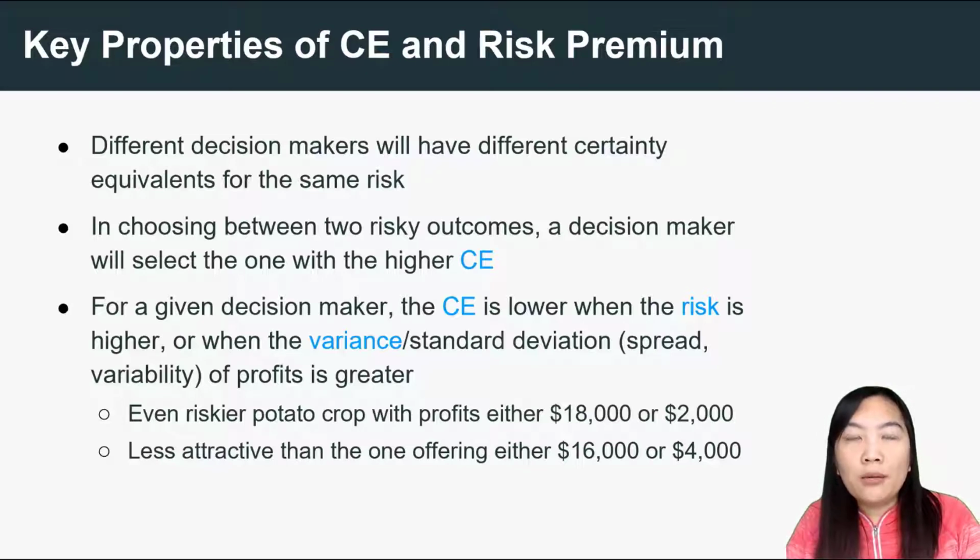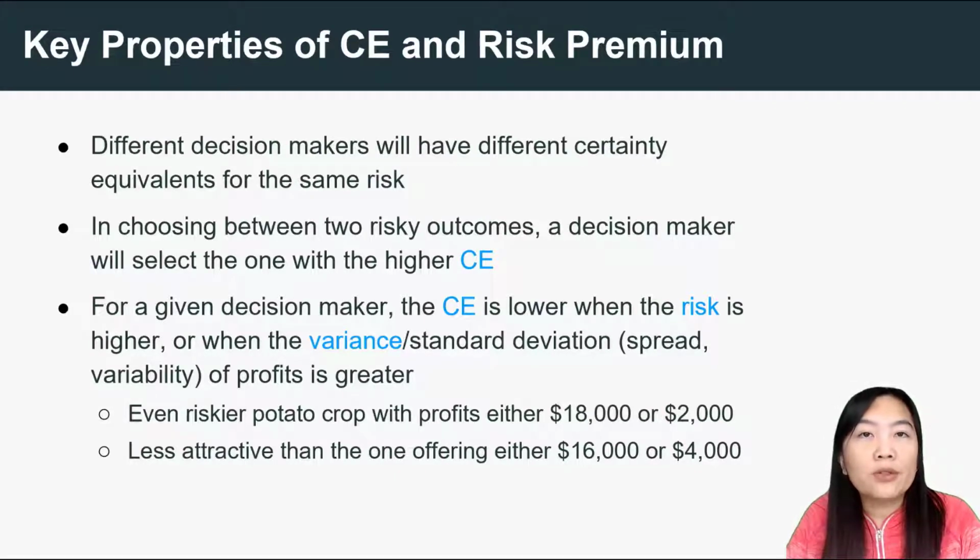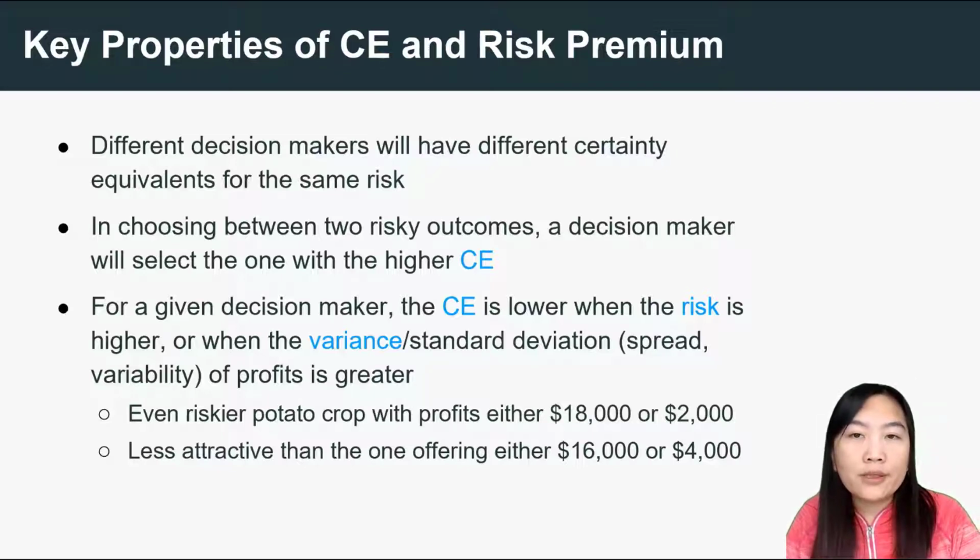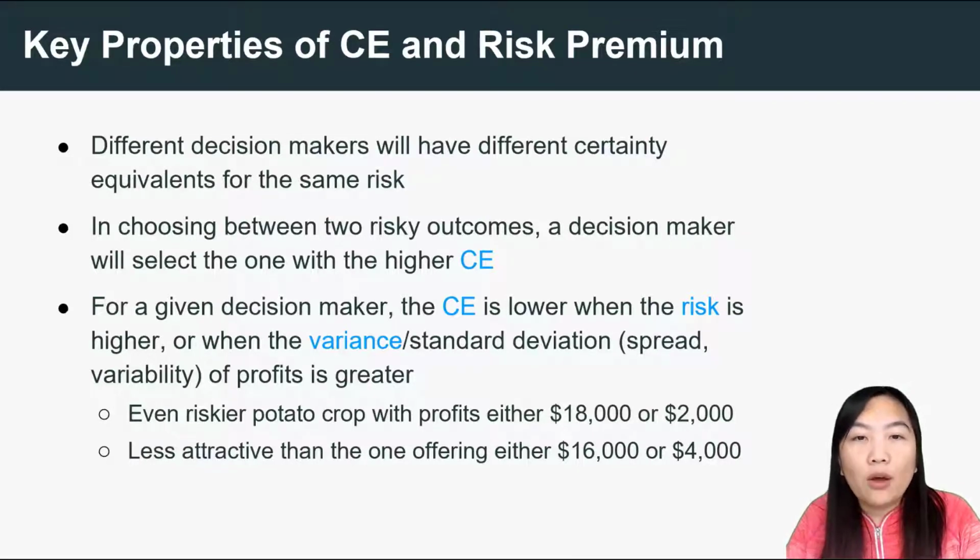For a particular decision maker, the CE is lower when the risk is higher, because we mentioned before that we can use variance or standard deviation to measure risk. When you have a larger variance, the risk is higher, and in that case the CE is lower. Here I have an example: we had canola and wheat.